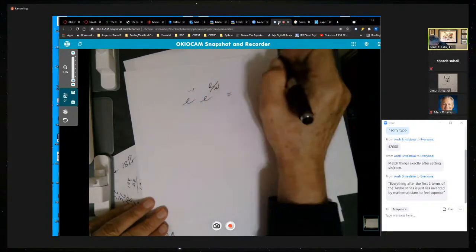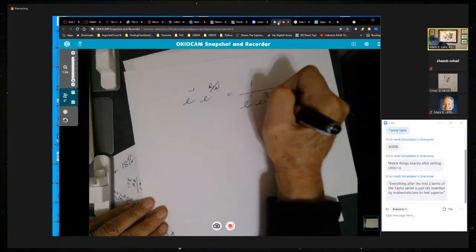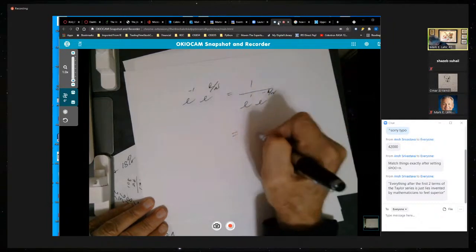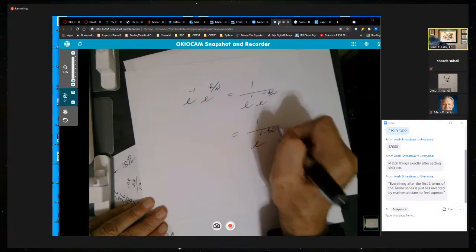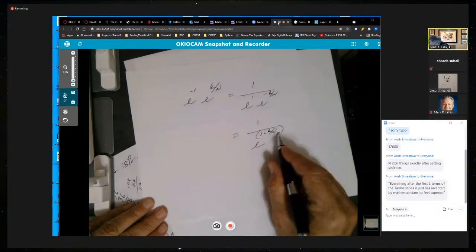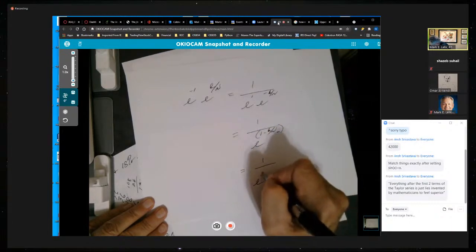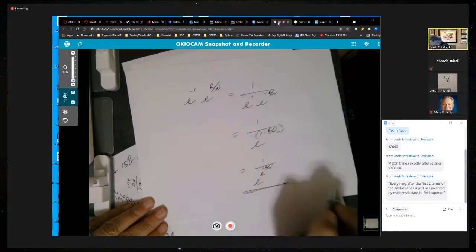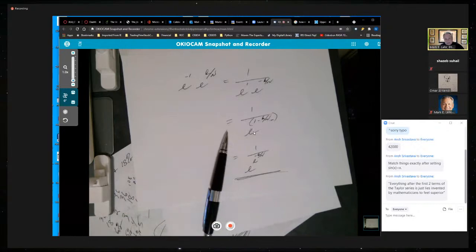Well, that's also equal to 1 over e to the 1 minus k over n. And of course, we can approximate this with e to the minus k over n. In other words, I just used our approximation again in reverse.